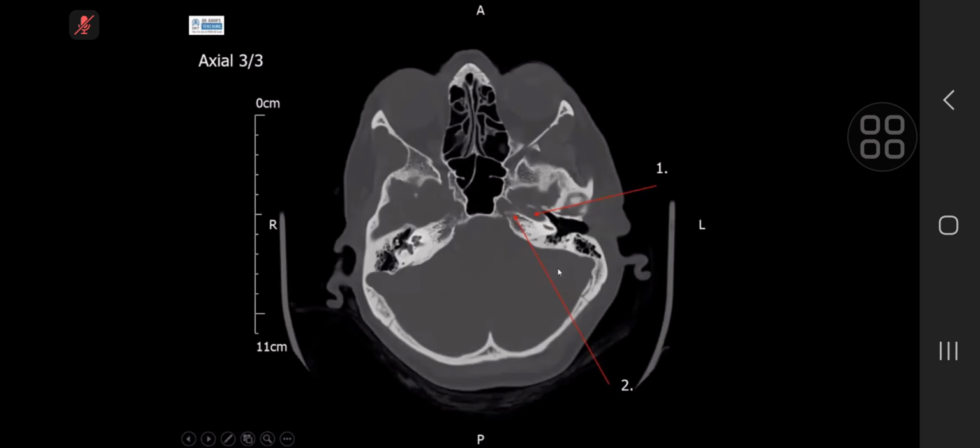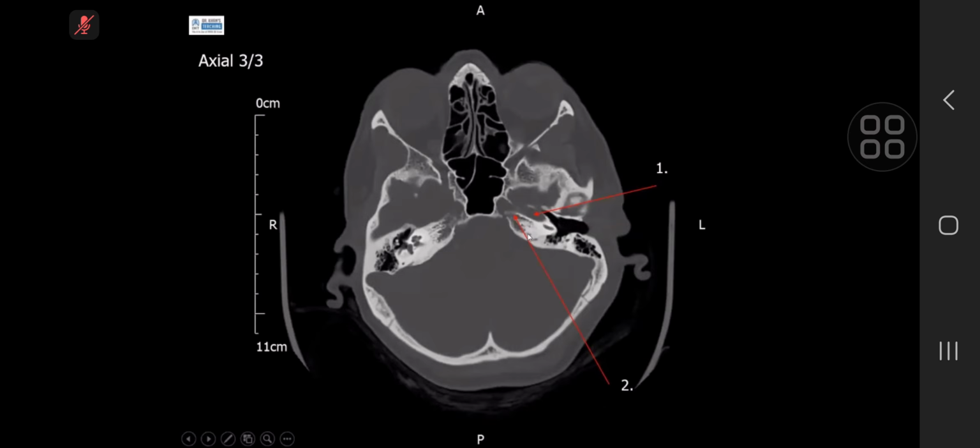It's a continuation still of the carotid canal. Yeah. So this is the carotid canal, and this is the horizontal portion of the carotid canal. Now, what is this where my arrow is? This is the apex of the petrous bone. Excellent. So this is the petrous apex.